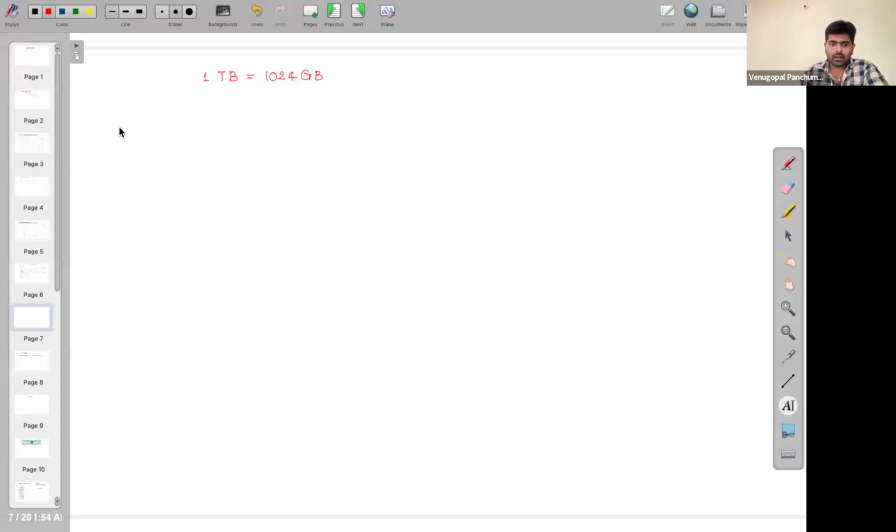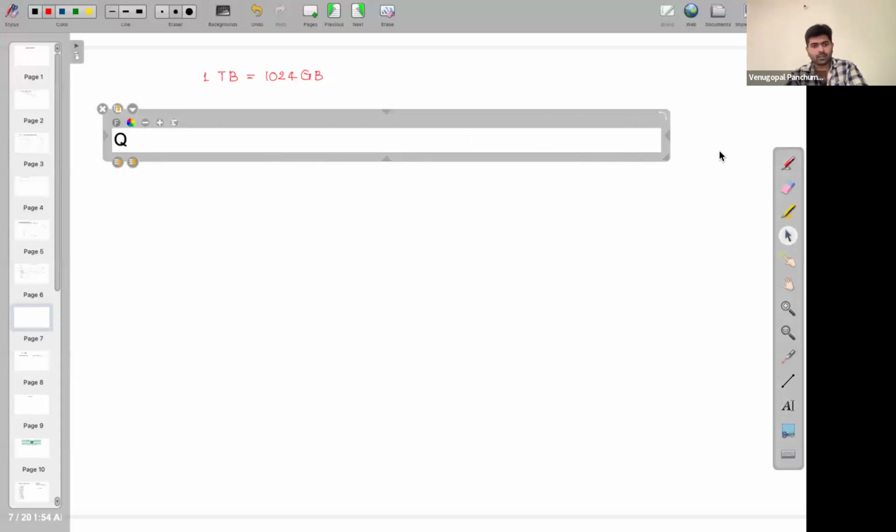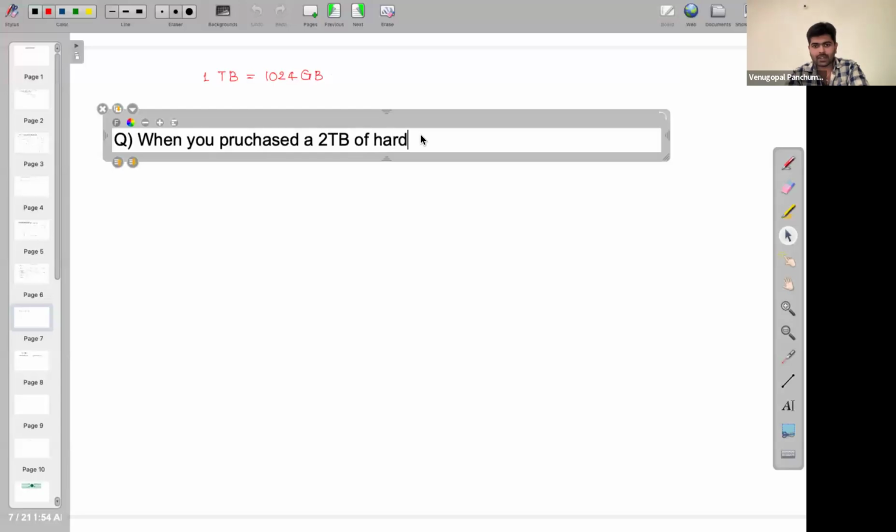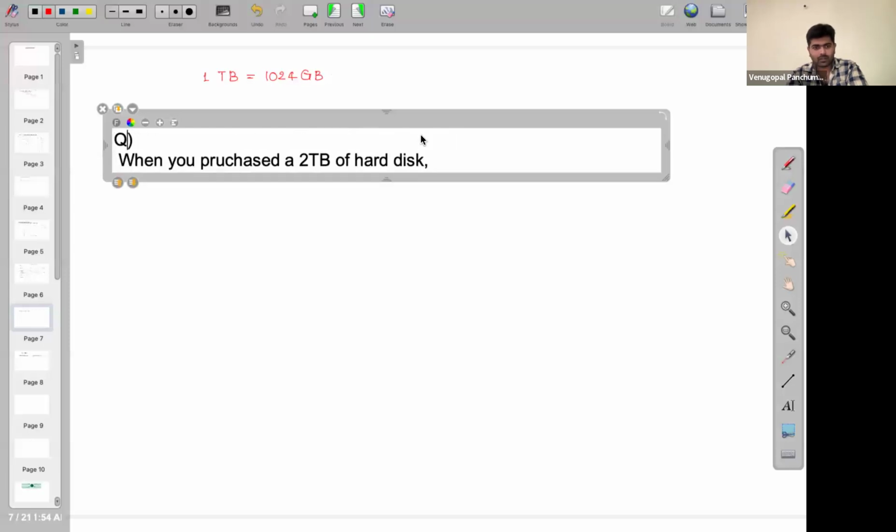Now the question is, when you purchase a 2 TB hard disk, assume one movie of HD print is of size 3 GB. Then how many movies can you store?